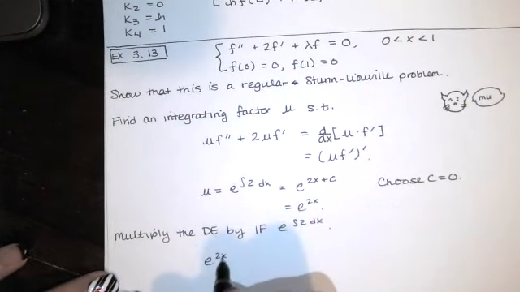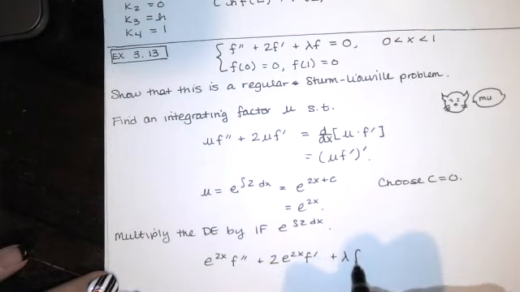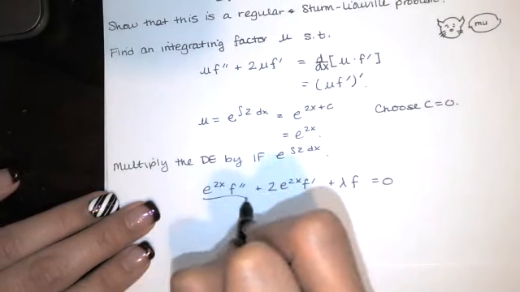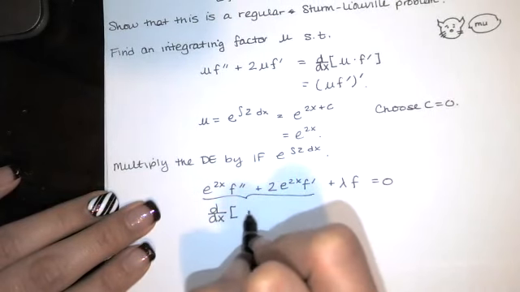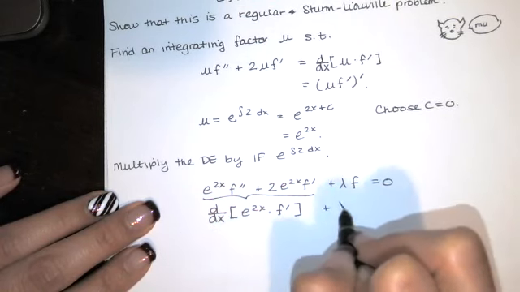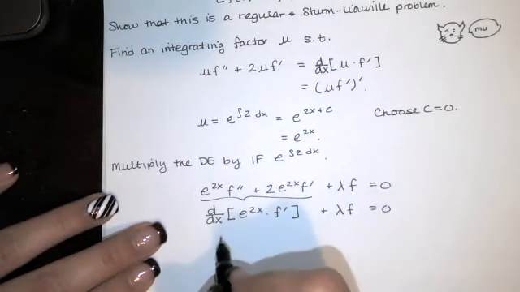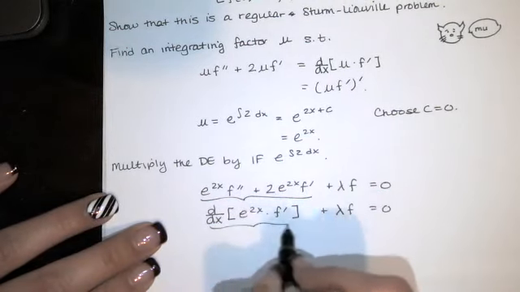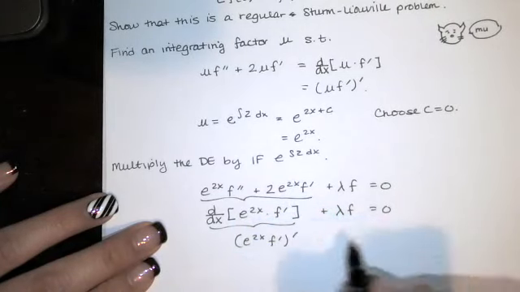We get e to the 2x times f double prime plus 2 times e to the 2x times f prime plus lambda times f equals 0. And this is the derivative with respect to x of e to the 2x times f prime. And if you prefer that prime notation, because that's what we've been looking at, you can say that this is the same as this, e to the 2x times f prime, quantity prime.